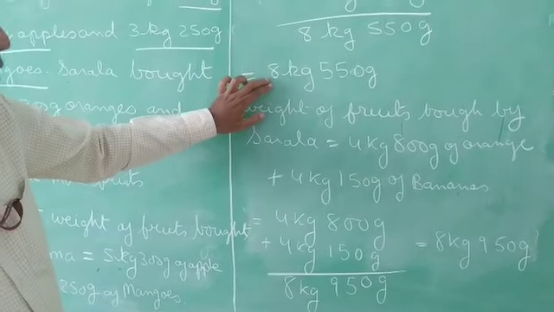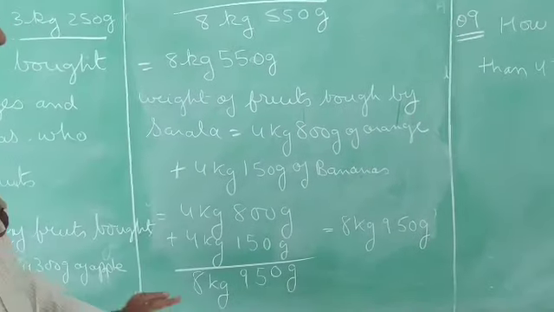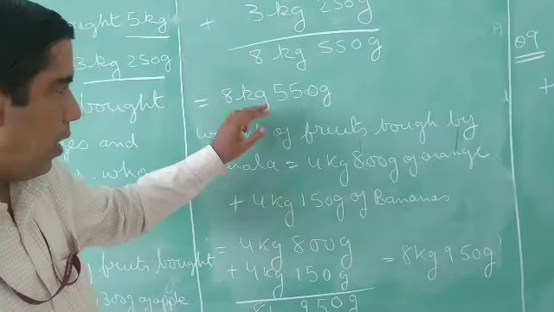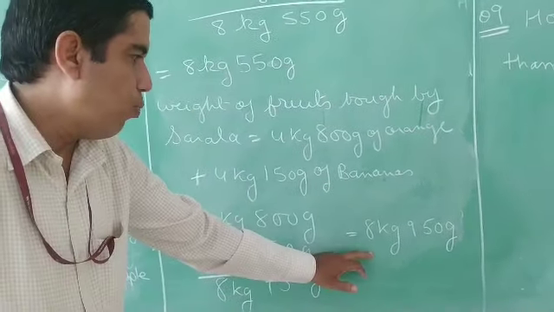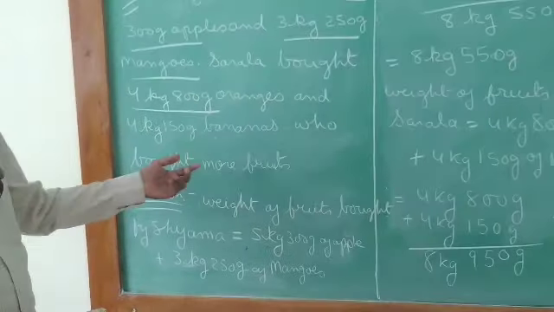One has purchased 8 kg 550 gram, one has purchased 8 kg 950 gram. Now you can compare these two. The 8 kg is same, but here gram part, who has purchased more? Sarla. So the question is asked here. What is the question? Who bought more?